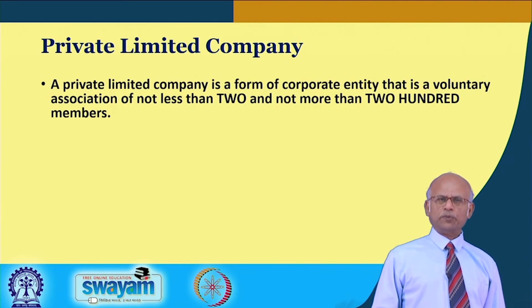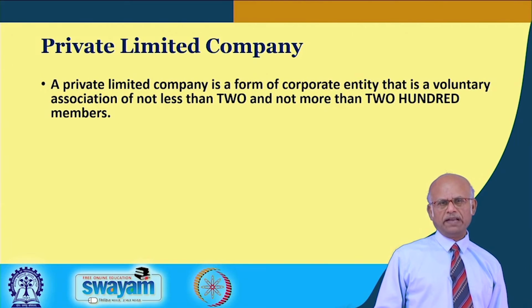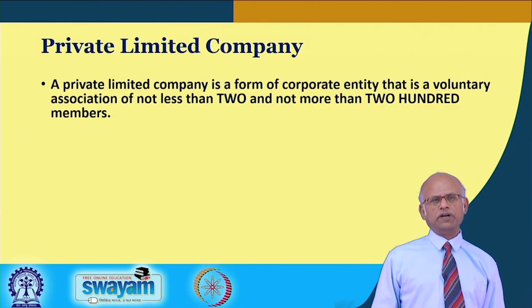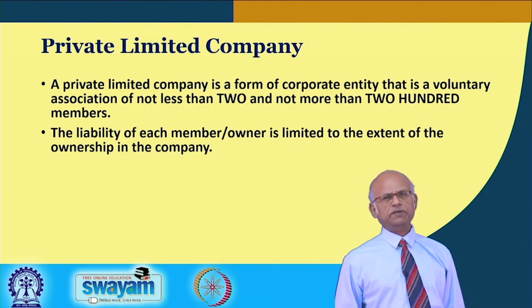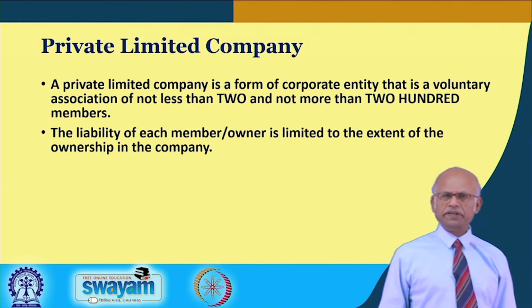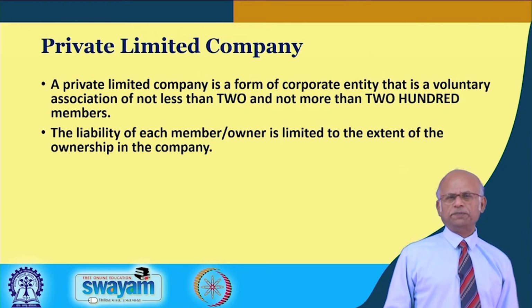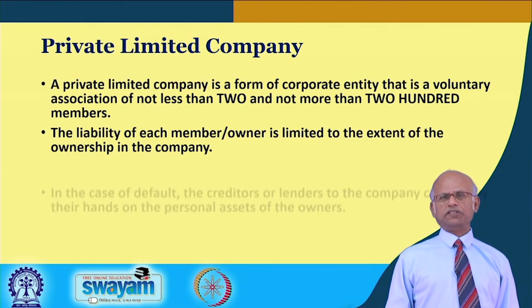This is a corporate entity, a voluntary association of more than 2 and up to 200 members. The liability of each member or owner is limited to the extent of their respective ownership in the company.